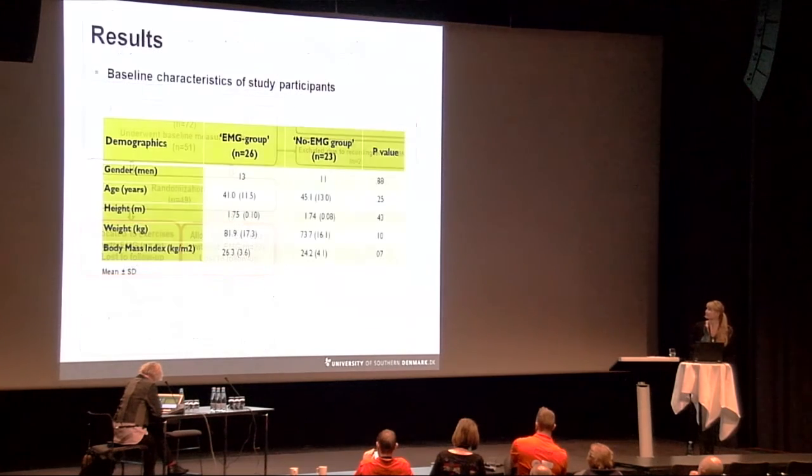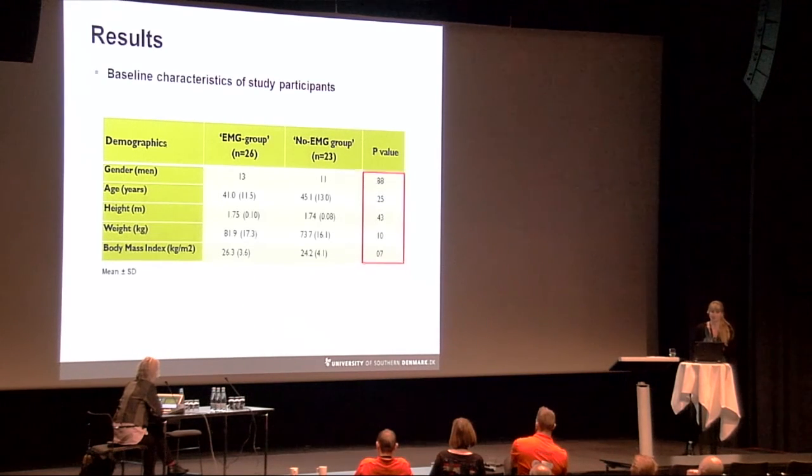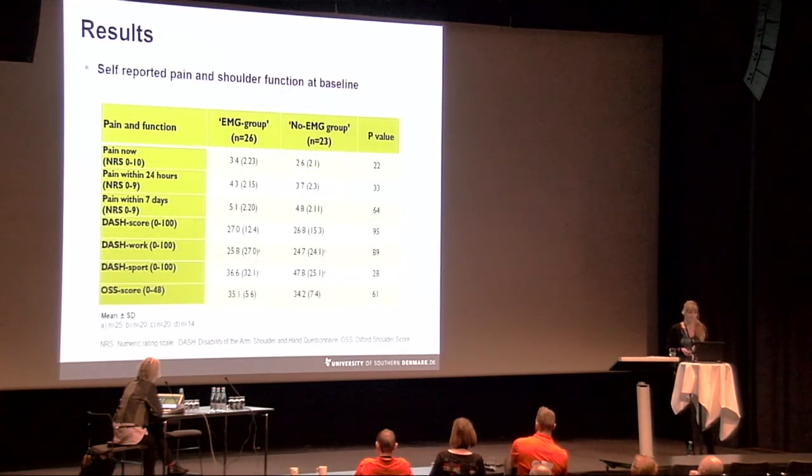So what did we find? Regarding baseline characteristics, as expected, due to the design of the study, no significant differences were found between the 2 groups. And looking at the baseline pain and function scores, again, no significant group differences were observed.